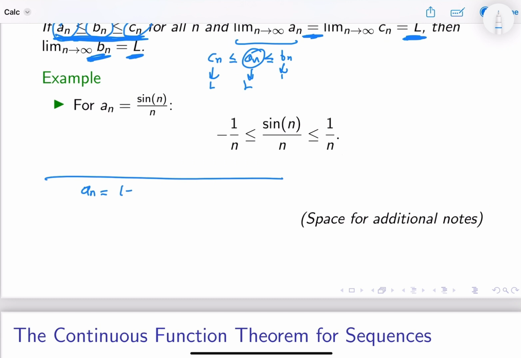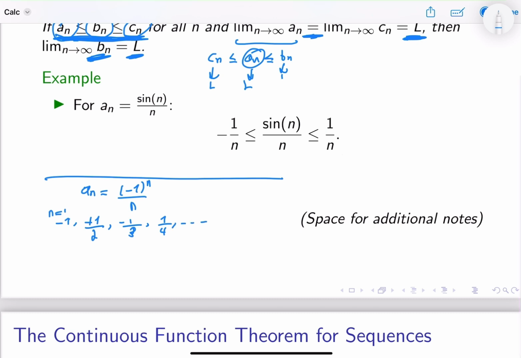Let's say we take the sequence (-1)^n over n, let's say, right? So if you write a few terms of this sequence, for n equals 1, this is (-1)^1 over 1, so this is -1, and then for n equals 2, it's going to be (-1)^2, which is +1, over 2, and then -1 over 3, 1 over 4, and so on.